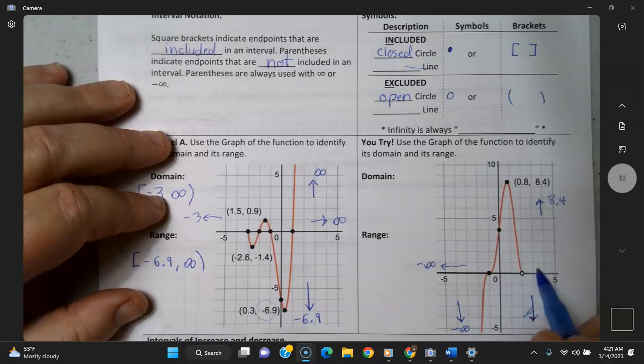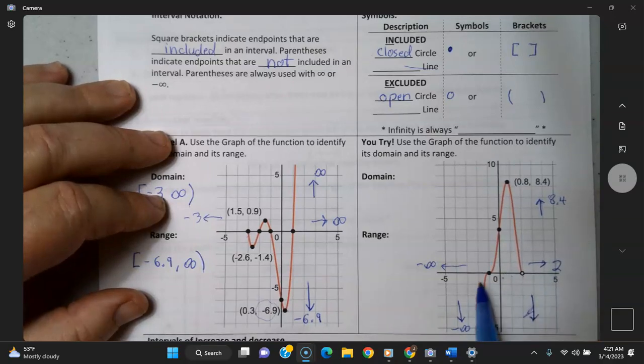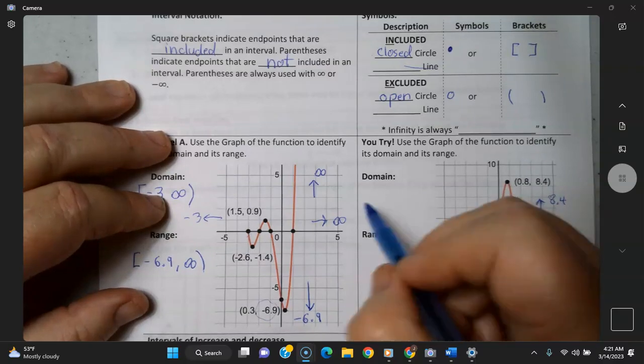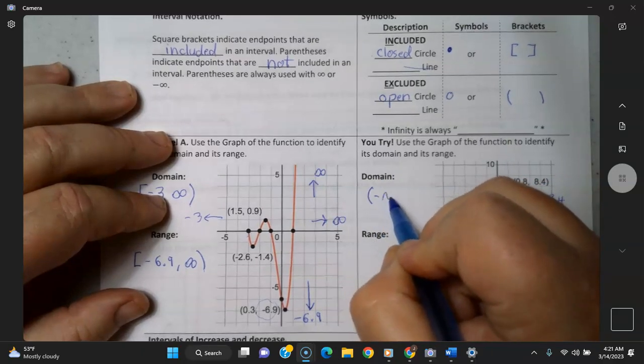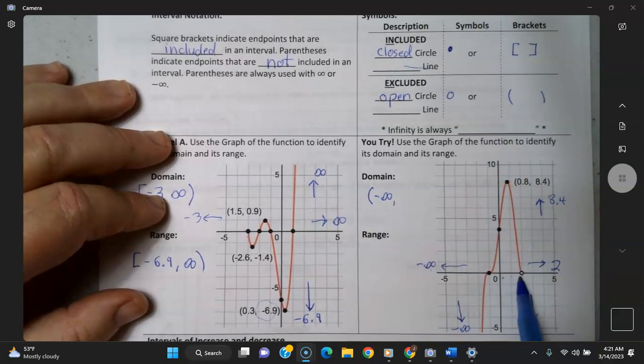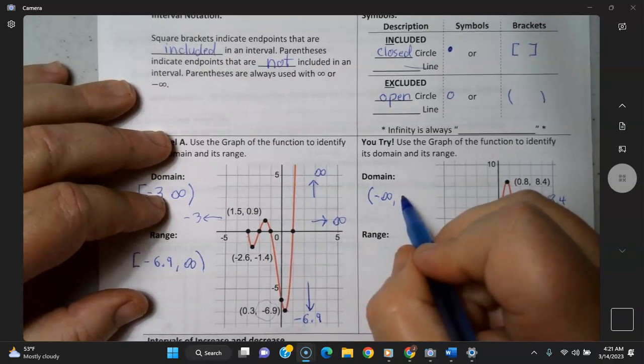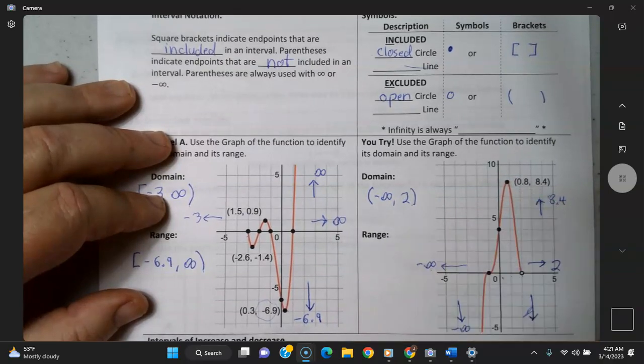And we didn't say to the right on this one, it goes to 2. So the domain is going to be from negative infinity to 2. And it never reaches 2. So it's going to be a 2 with a curved parenthesis.